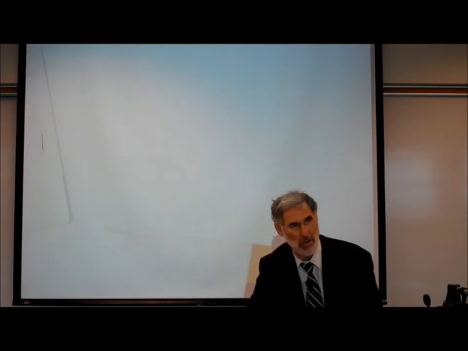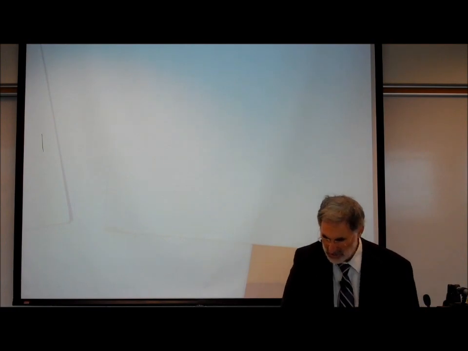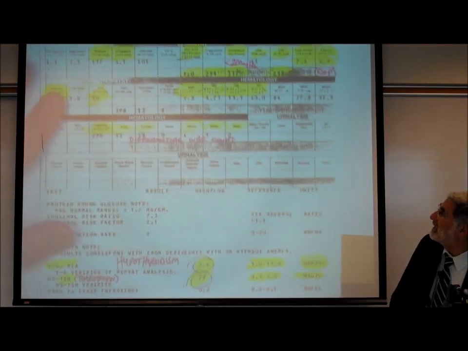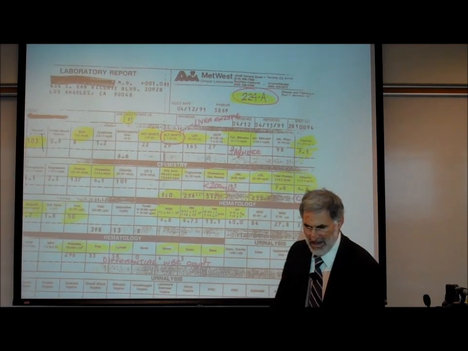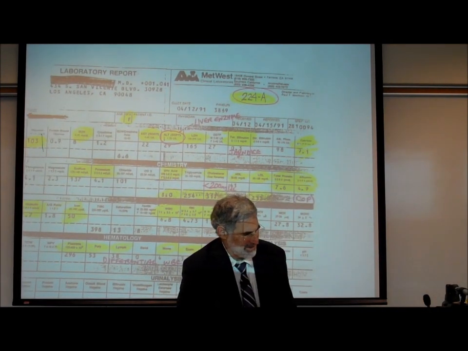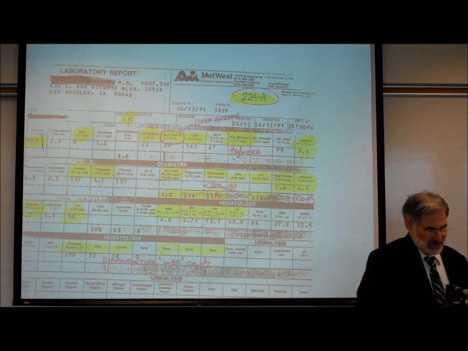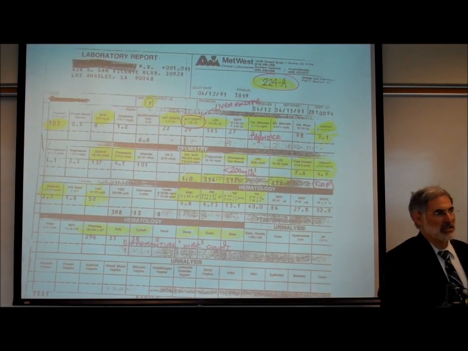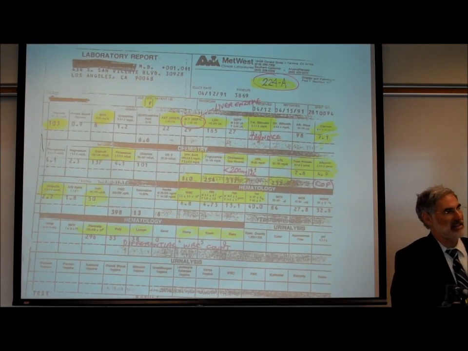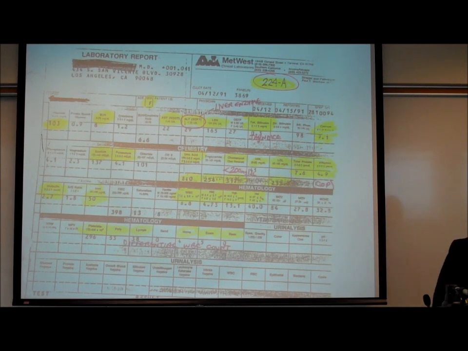The last thing I want to do is let's look at page 224A. We have looked at this page before, and we had told you that if we ever came back to this page, you would understand a large part of it.